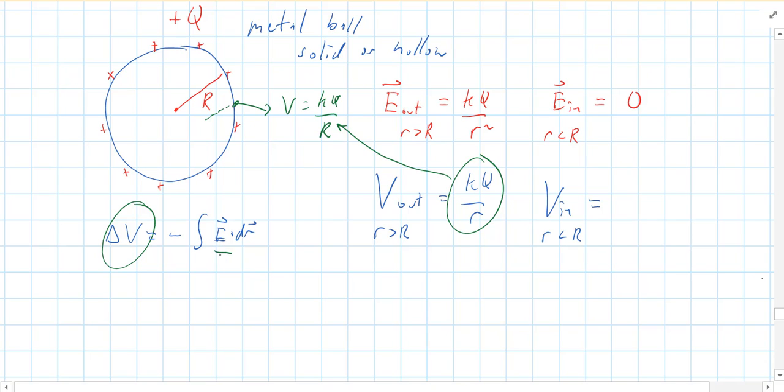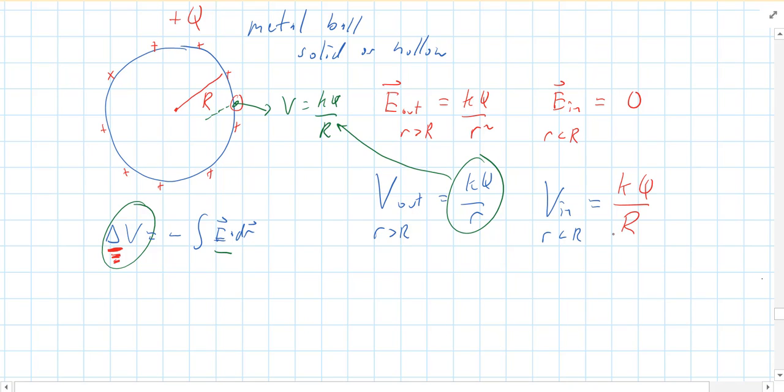Well, E is 0. That means, and here's the key, your change in voltage is 0. That means your voltage is not changing in the ball. What was the last value of voltage we did know? That was the voltage at the surface, which was KQ over big R. So it's not going to change. The voltage everywhere within that ball will be KQ over big R.